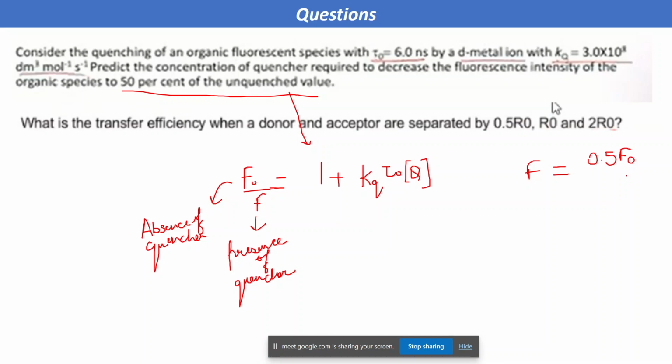If you substitute this value in this equation, then you will get F naught by 0.5 F naught equals 1 plus KQ tau Q. KQ is given, it's 3 into 10 raised to 8.